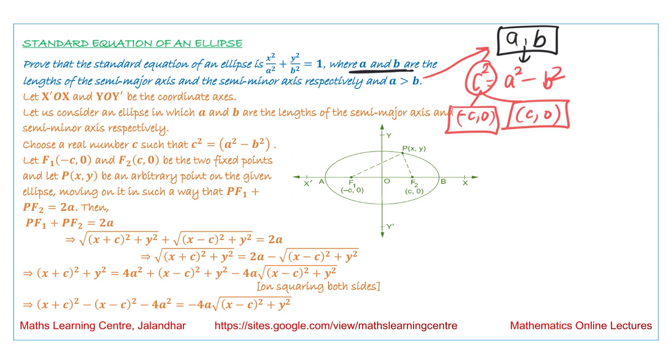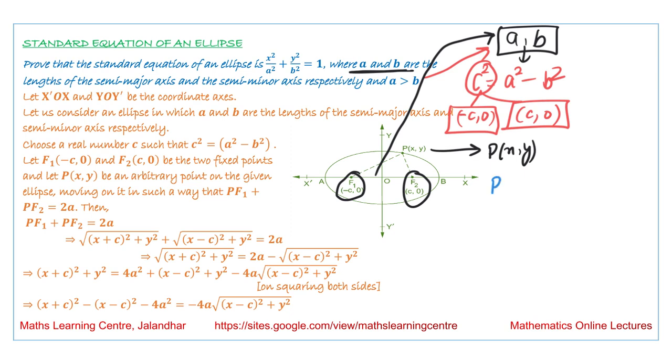So we want to find the equation of the ellipse. It means we want to find the locus of the point P(x, y) which lies on the ellipse, such that the sum of its distance from F1 and its distance from F2 should be a constant, and that constant should be equal to 2a. This comes from the definition of the ellipse.